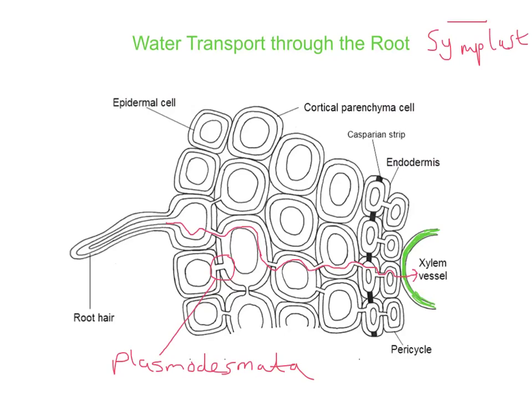But there is an alternative to that, and it's called the Apoplast Pathway, and we'll do this one in blue. So in blue, I'm going to show you the Apoplast pathway that water can take. Now the Apoplast pathway actually goes through the cell walls. So once it's through the root hair into the root, it actually works its way through the cell walls.